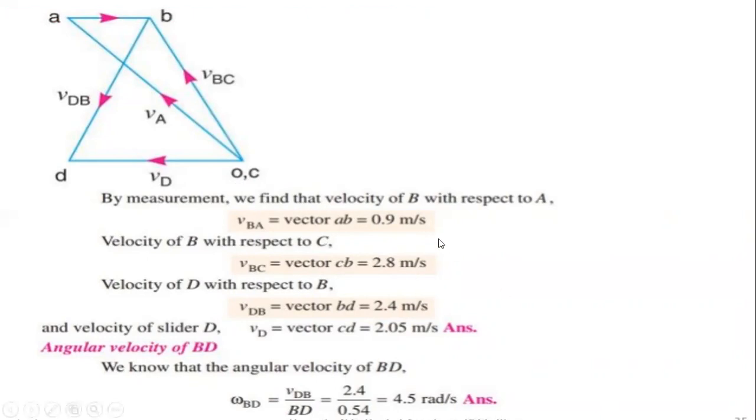By measurement, we find that the velocity of B with respect to A, that is the velocity of BA, vector AB, is obtained as 0.9 meters per second.